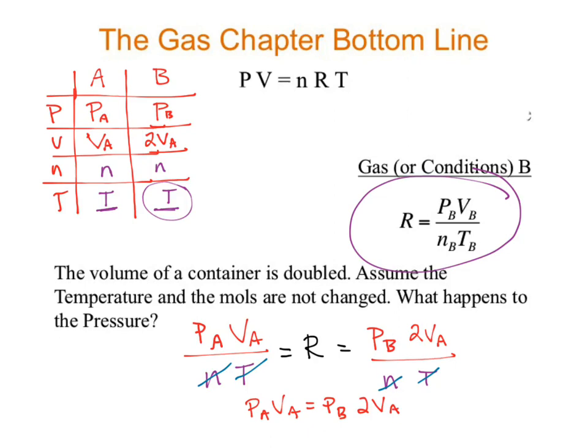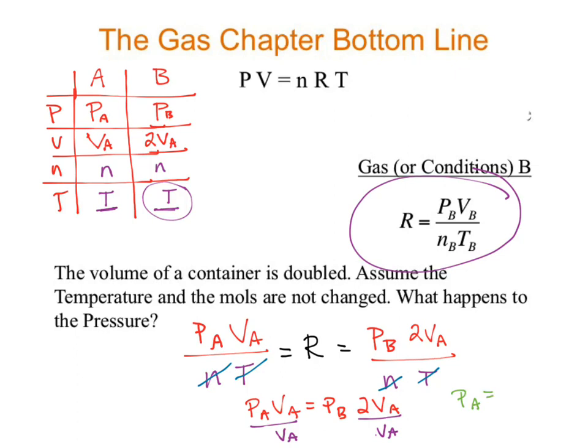Now what can I do? Divide by VA. Okay, divide just by VA. What do I notice? They cancel out.